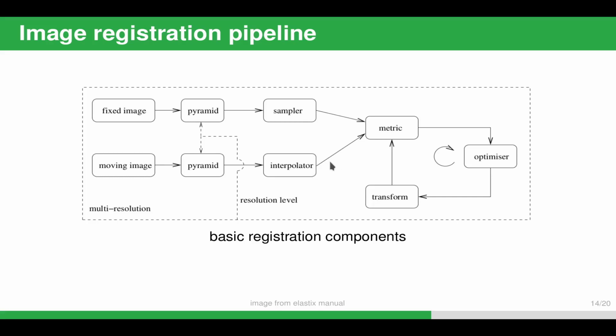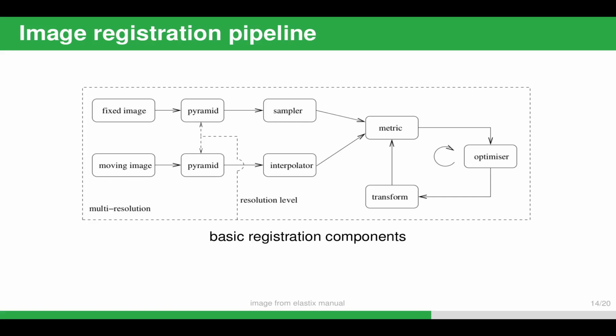And we're going to compare that transformed moving image to the fixed image using a metric that we choose. There are quite a few commonly used metrics for image registration. Mean squared error, cross-correlation, and mutual information are some of the commonly used metrics. We're going to learn about how to choose a good metric in the practical part of the course.